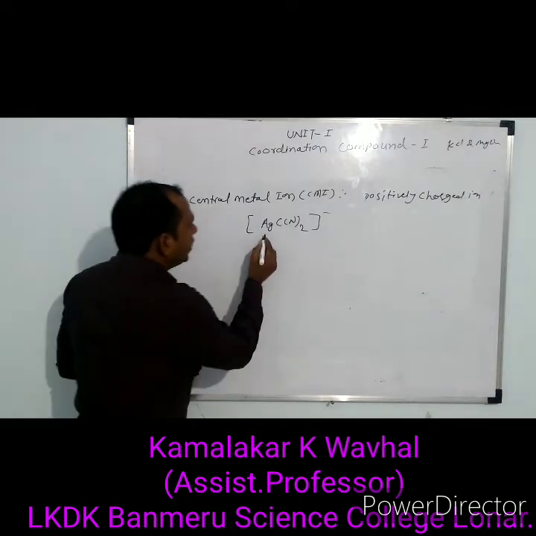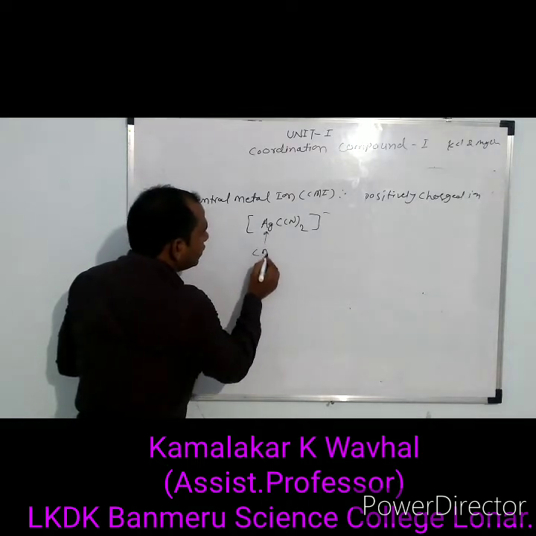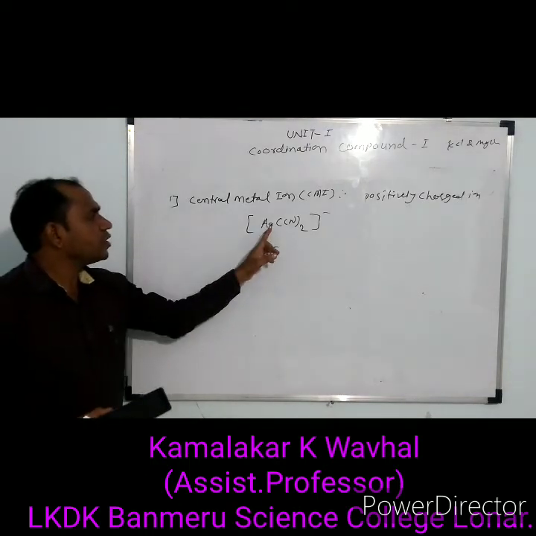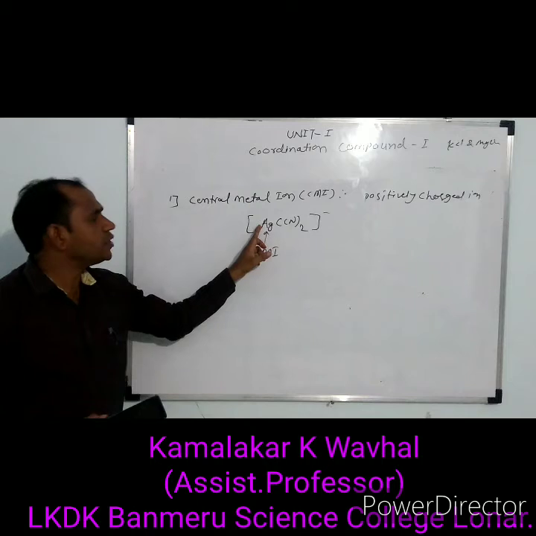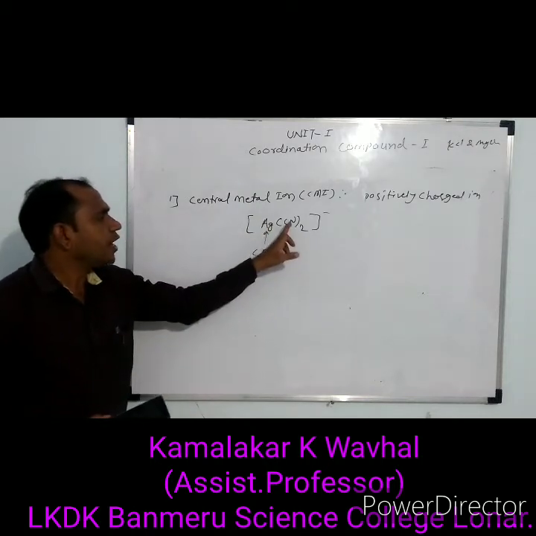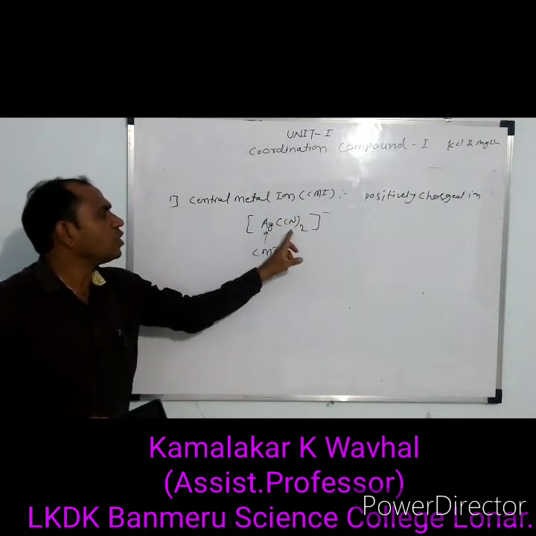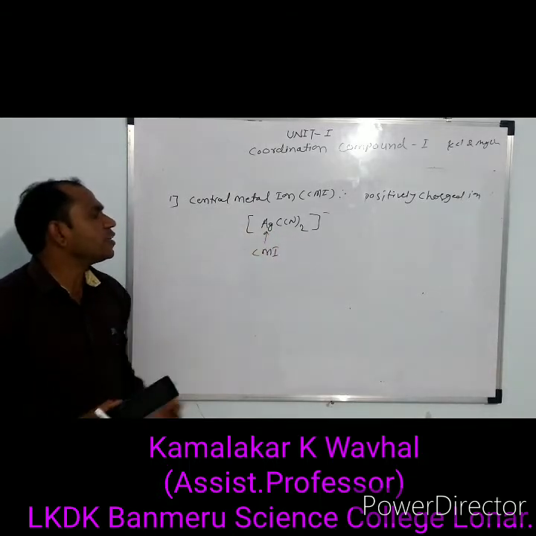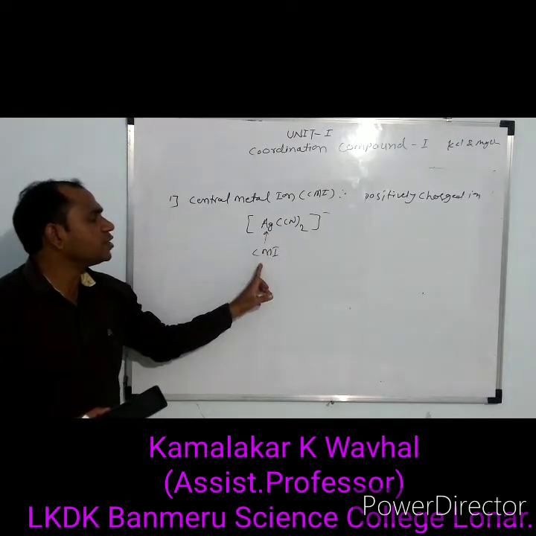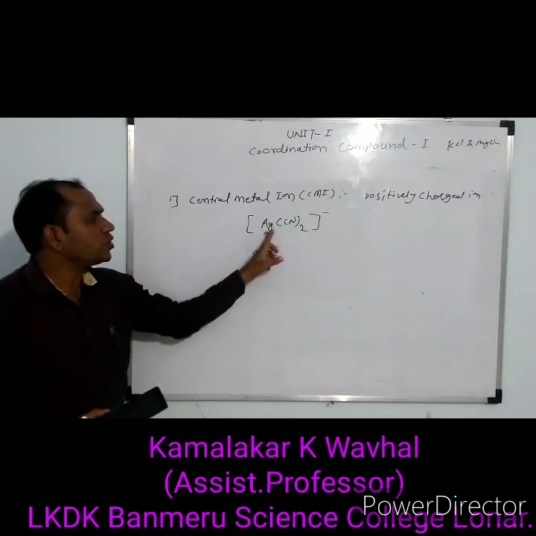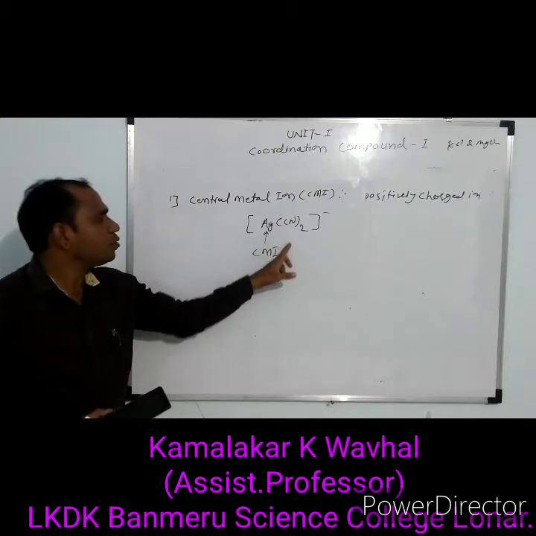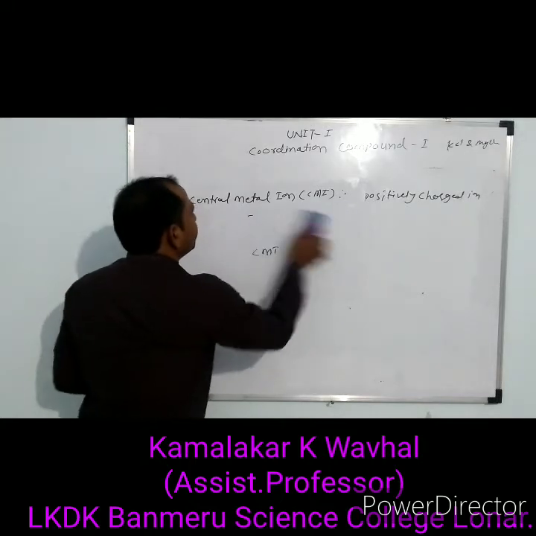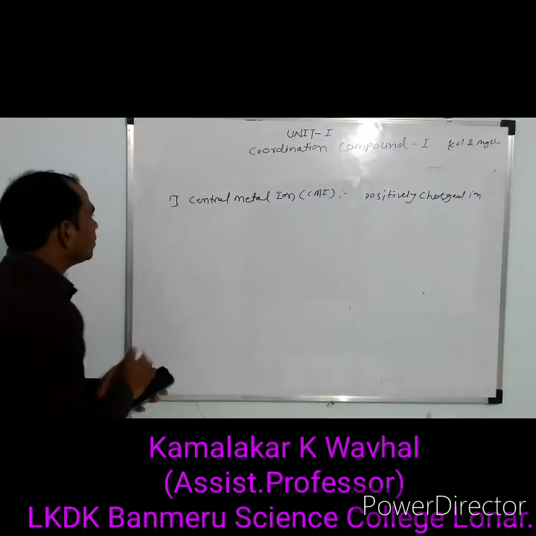In this complex, Ag is the CMI because Ag has a positive charge, and CN is a ligand, two of which are attached to the central metal atom Ag. Then the next term is the ligand.